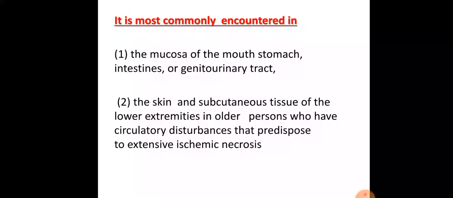It is mostly encountered in the mucosa of the mouth, stomach, intestine or genitourinary tract. Other sites can be the skin and subcutaneous tissue of the lower extremities, especially in older persons who have circulatory disturbances that predispose to extensive ischemic necrosis.